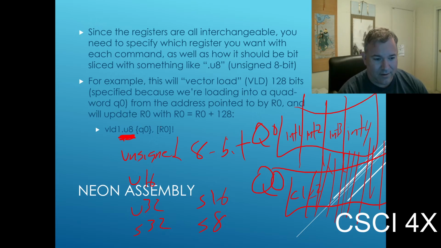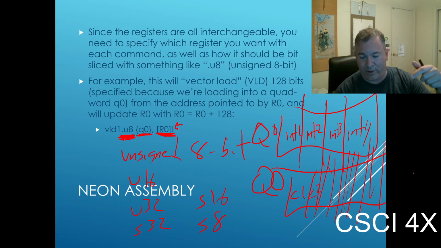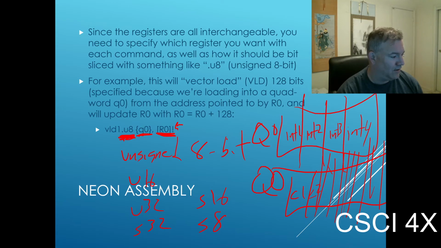This line of code here, vector load, is going to load from this pointer with write back. That means move the pointer to the right. After you do the load, the pointer moves to the right 128 bits. So it's going to load into Q0. It's going to load, in this case, 16 different chars. So if R0 is pointing at a character array, that will do 16 loads in one operation. You don't like the syntax? You've got to have it.